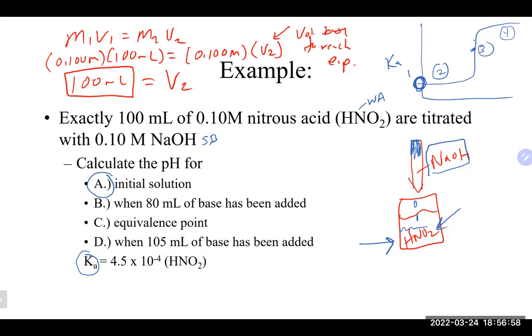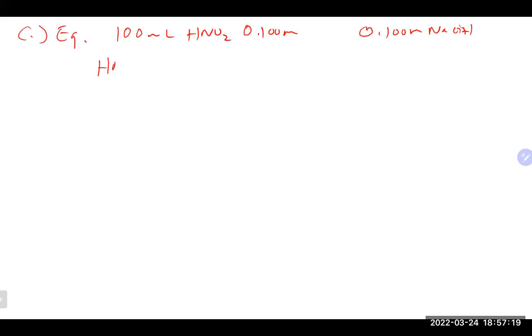So let us do that then, part B or C, I guess, which is at the equivalence point. So we know we're definitely starting with our 100 milliliters of nitrous acid. That's 0.1 molar. We got our 0.1 molar sodium hydroxide here. Obviously, we will have our equation.